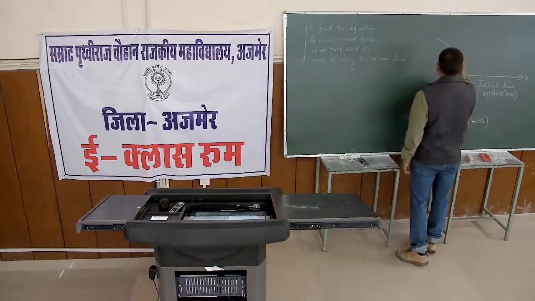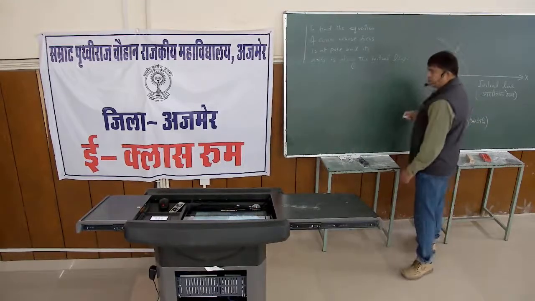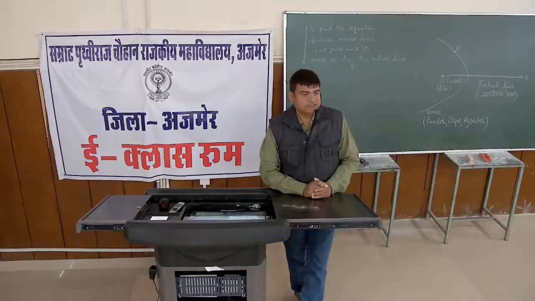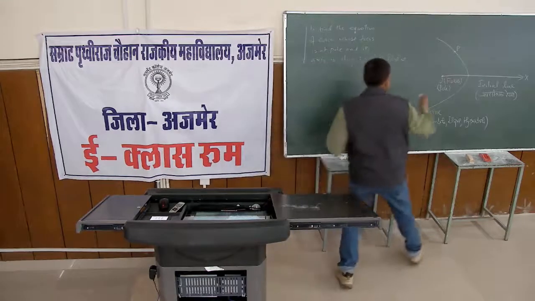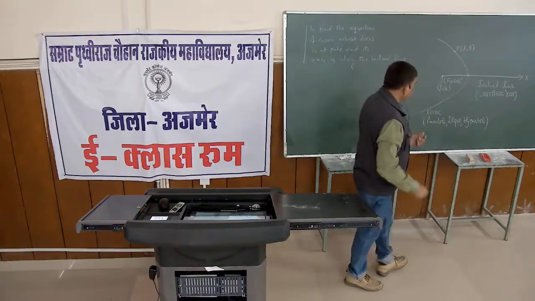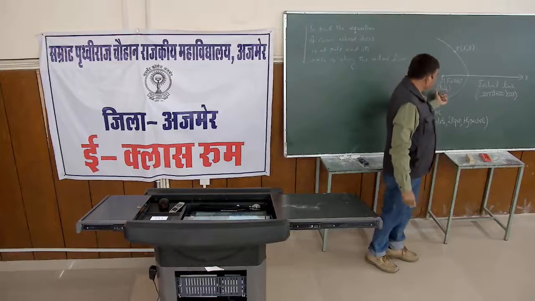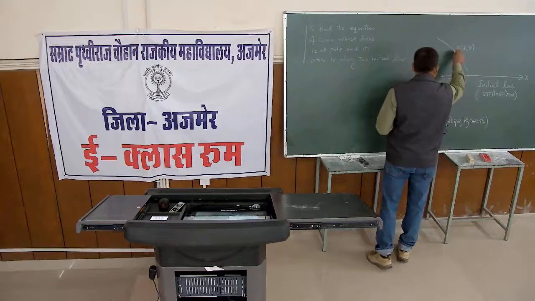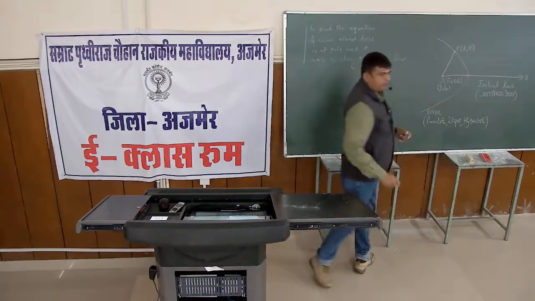If P is a point on the conic, in which system are we doing things, Cartesian or polar? Polar. So coordinates of P will be r comma theta. What is the other name of pole? Focus. So we join any point to focus.